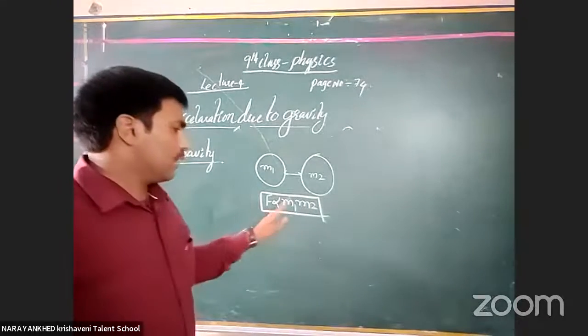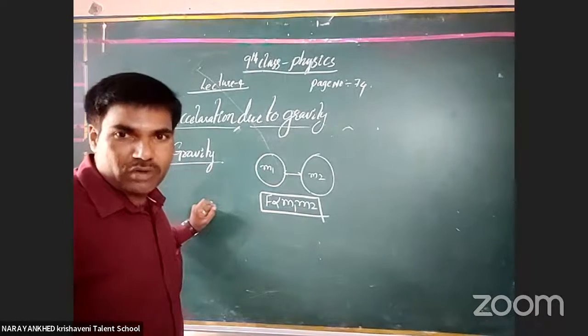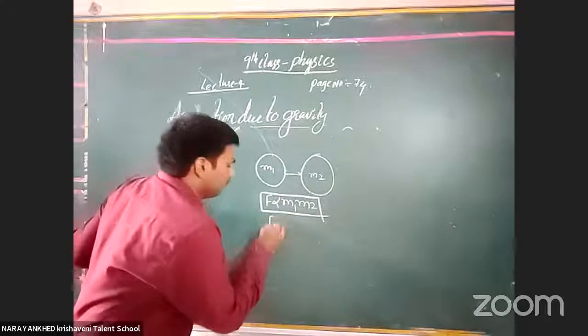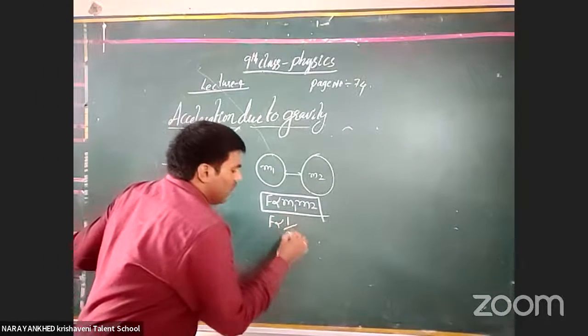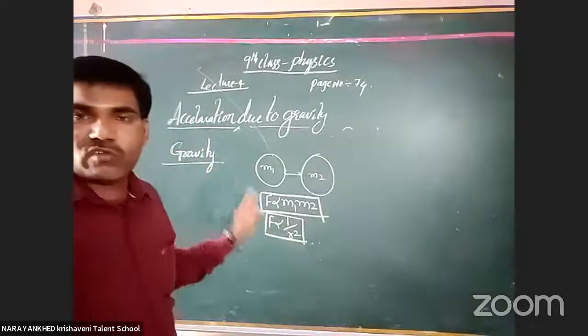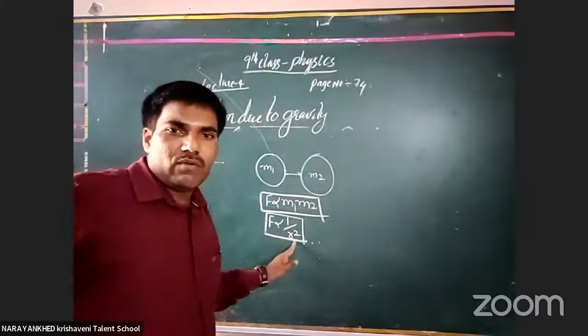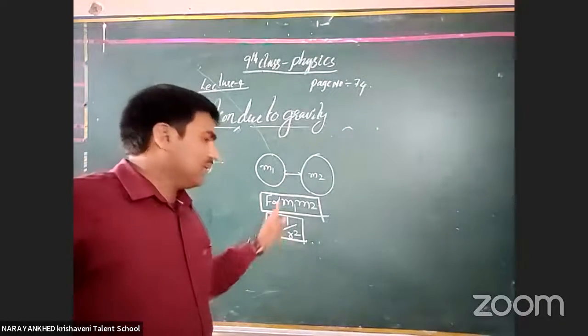Force is directly proportional to M1 and M2, the masses. It is inversely proportional to the square of the distance between them. Got it or not? Force is inversely proportional to the square of the distance between them.